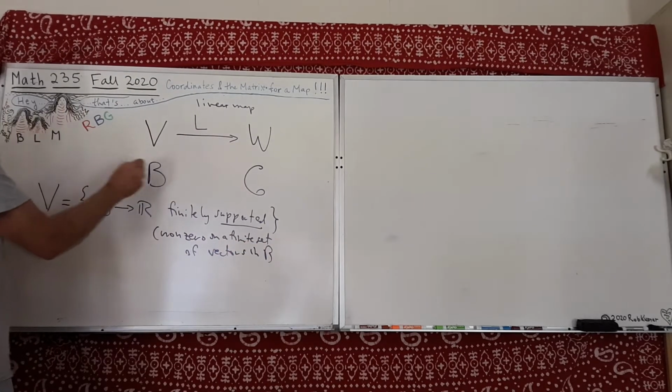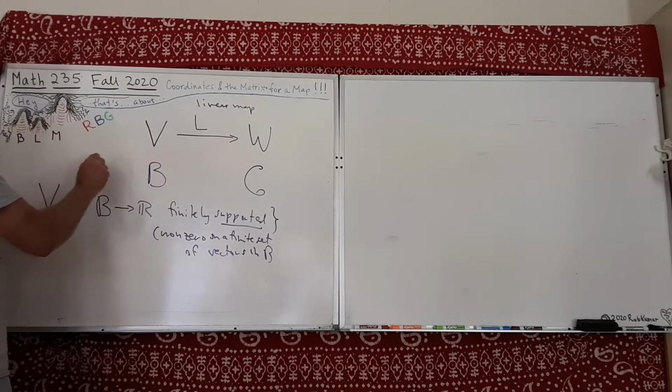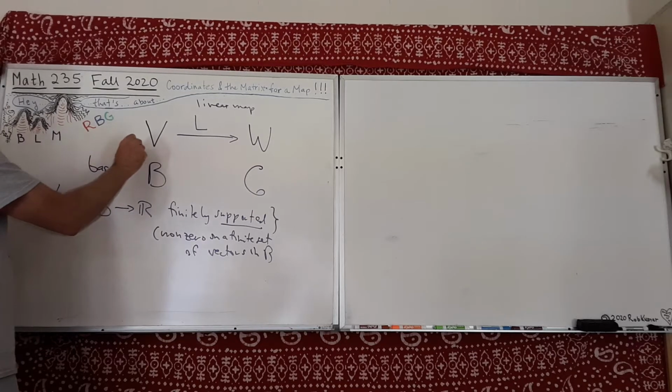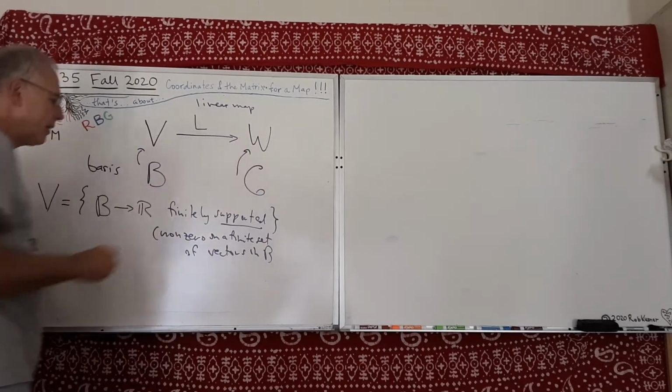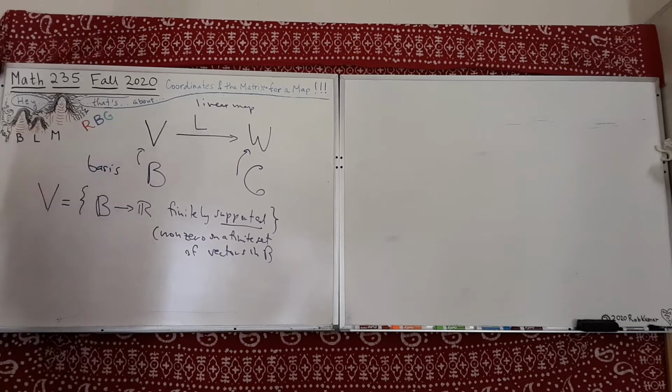So this is a basis for V, basis for W. That's another way to think of a basis.